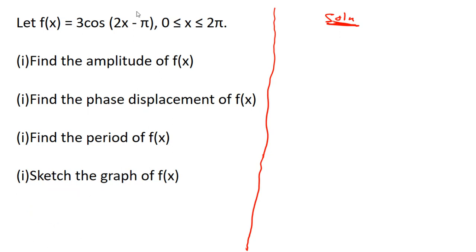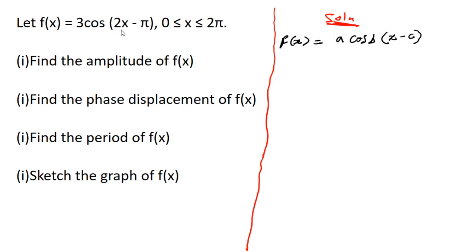This expression, which is f of x, is supposed to be in the form a cos b(x minus c). So this is the expression in which this is supposed to be.